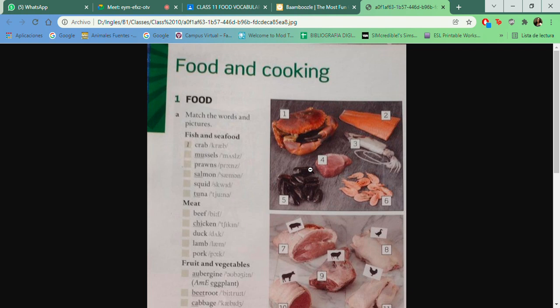Then we have number 5, the one that is left. So we talked about tuna, squid, salmon, prawns, and crab. And the one that is left is mussels. That is number 5. Very good. We have one that is not here, I don't know why.